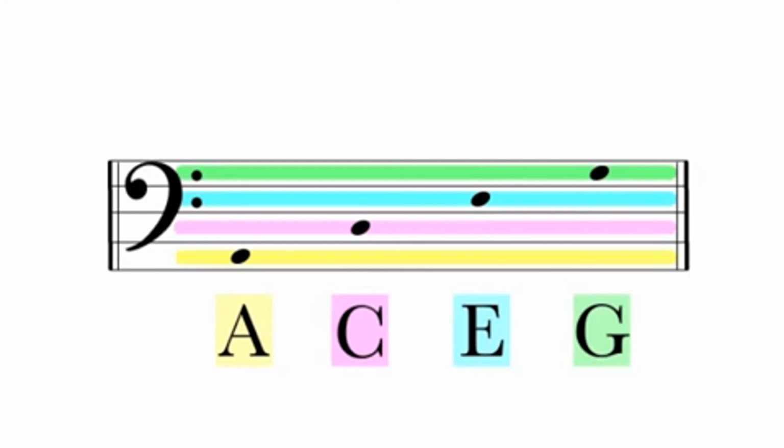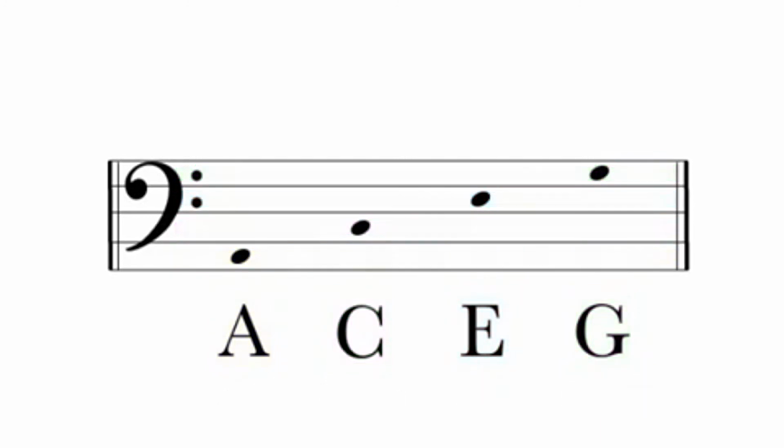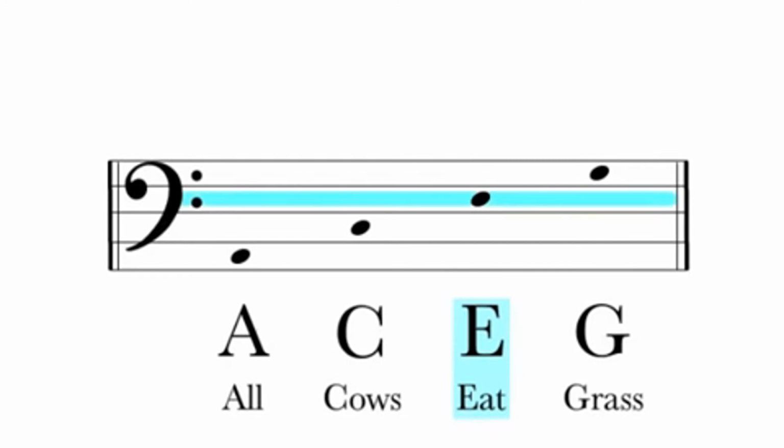However, if ACEG is looked at as an acronym for all cows eat grass, it becomes much easier to memorize. For example, eat is the 3rd word in all cows eat grass. Knowing this allows you to immediately recognize that the 3rd space from the bottom is the note E.